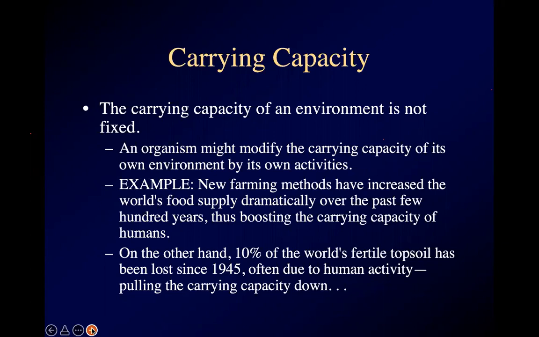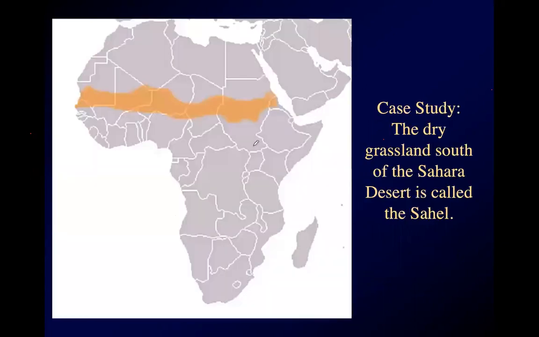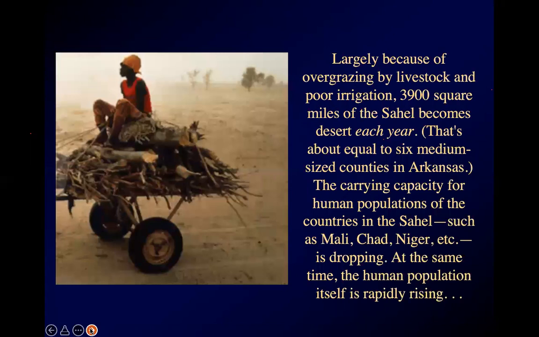For example, the dry grassland south of the Sahara Desert, shaded here in orange, is called the Sahel. And it can support people. There are certainly people that live in Sudan and Chad and Niger and Mali and Mauritania. The problem is that there's overgrazing there, overgrazing by livestock.